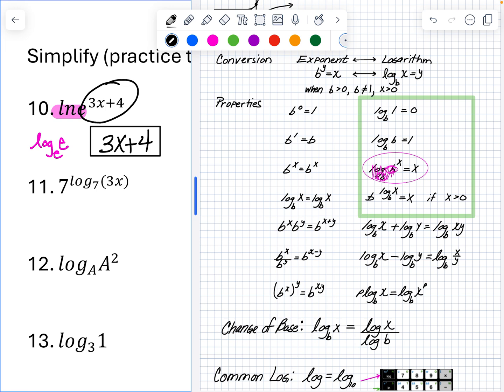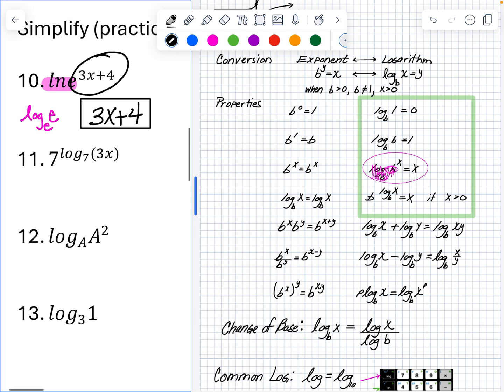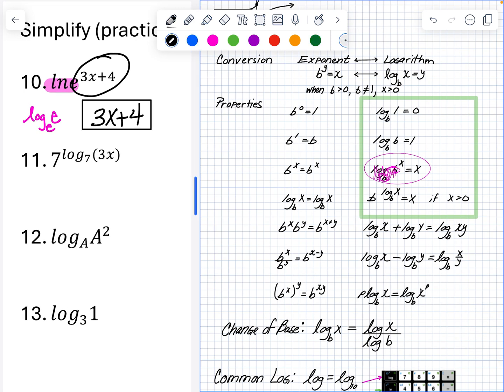Then we're going to notice this next rule right here. Let's see, we got a big number and then log base 7. So that looks most like this rule right here.